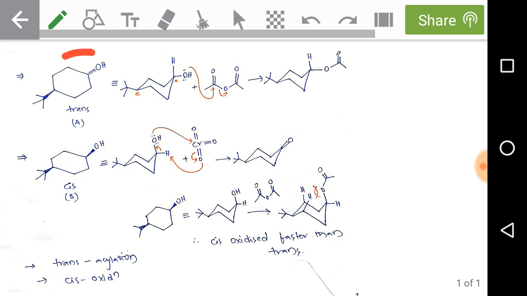We have been given a planar form of a 6-membered ring with 2 groups, 1 hydroxy group and 1 bulky group. These two are at 1,4 positions to each other on this planar 6-membered cyclohexane. So we need to convert this trans 1,4 cyclohexane into chair conformation.